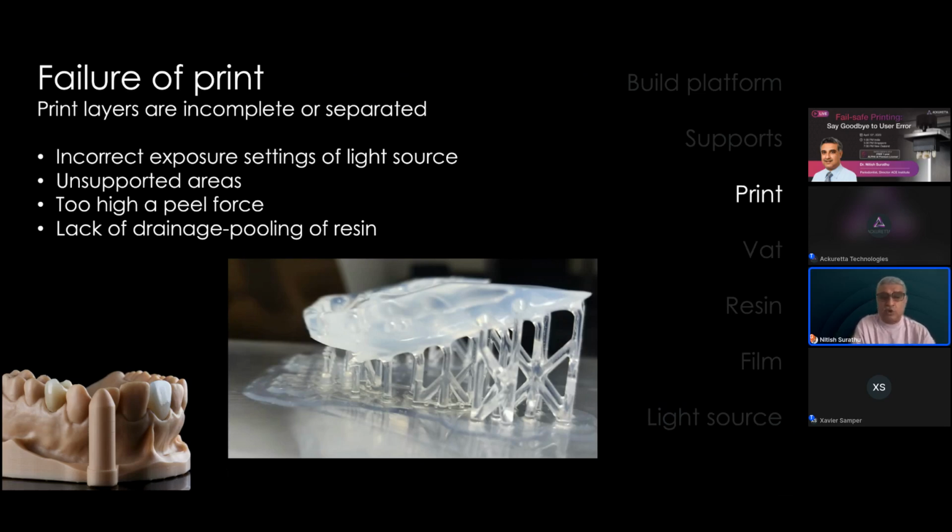If you did manual supports, it may be that you oriented a print poorly and that you got too wide an area of resin for each layer, and that resulted in an extremely high peel force. If you're printing models, you may not have set up drainage properly, and that could lead to pooling of the resin within the print itself. All of these are factors that can cause print failure.